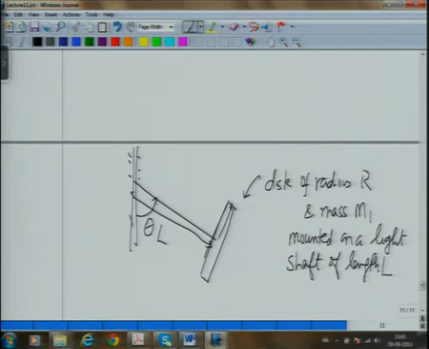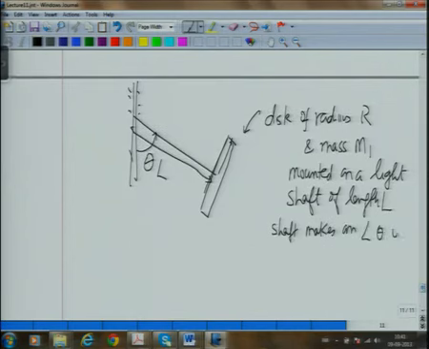This angle here is given as theta. The shaft makes an angle theta with another vertical shaft.